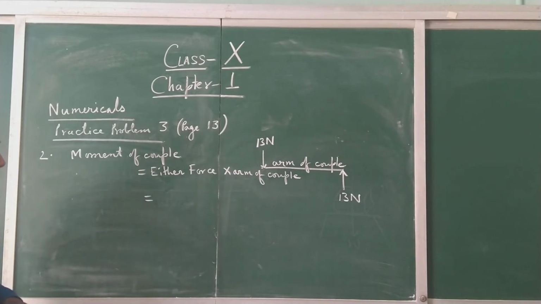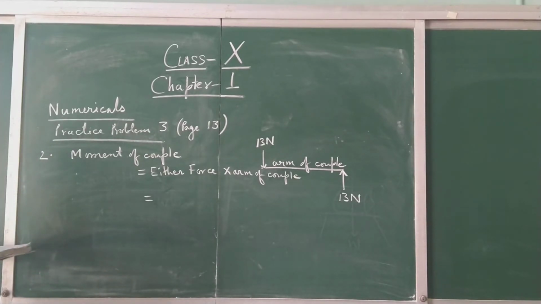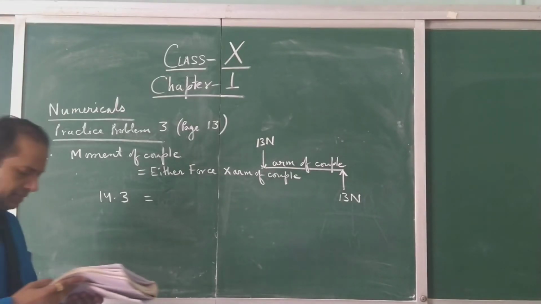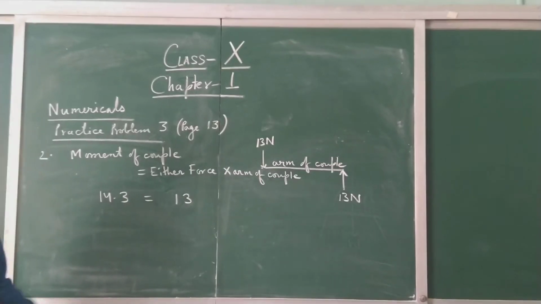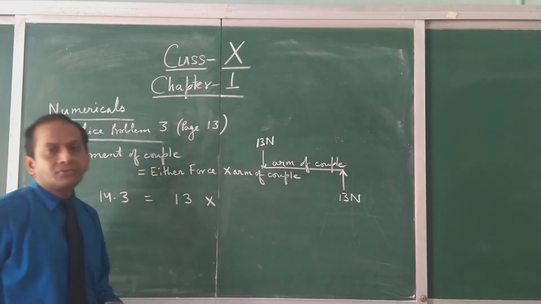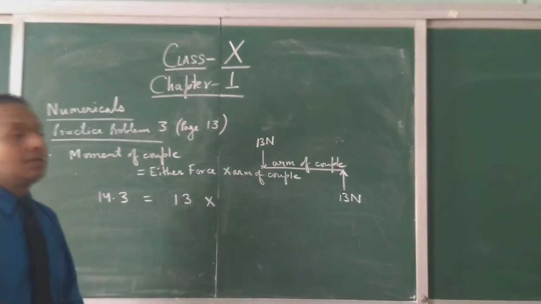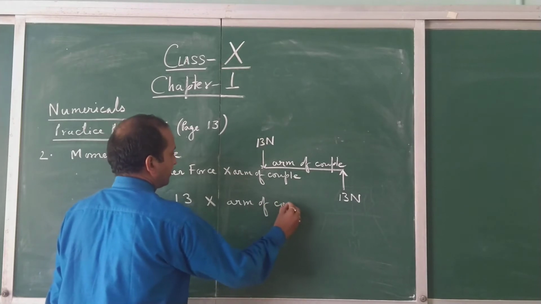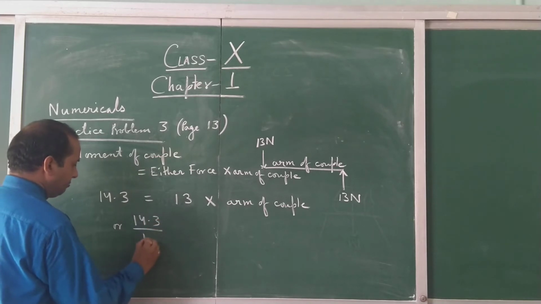So moment of couple is given as 14.3 Newton meter. Remember, this is an SI unit, and 13 Newton is also SI, so our answer will come in SI unit. Arm of couple is actually a distance, so its unit will be meter. So arm of couple is 14.3 upon 13.